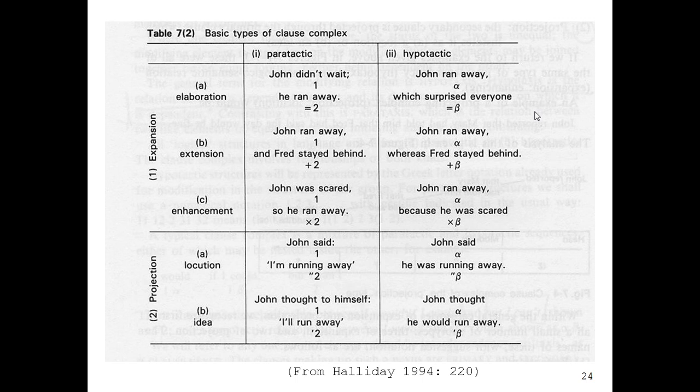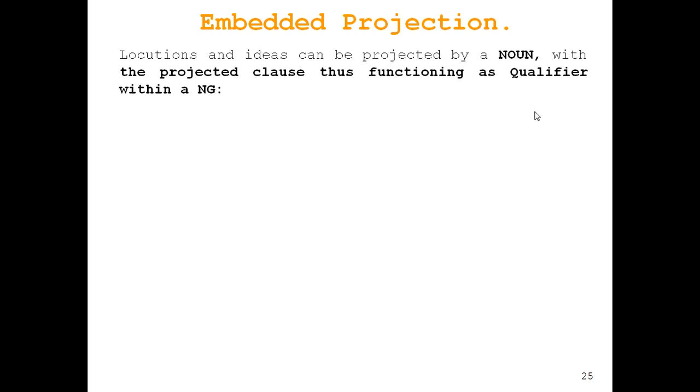So the combination of clauses from the point of view of their logical or semantic relations. First of all, with expansion, and secondly, with projection and different types thereof. Now, the last thing I would like to talk to you about today is the notion of embedded projection.